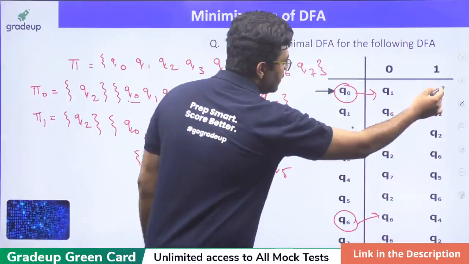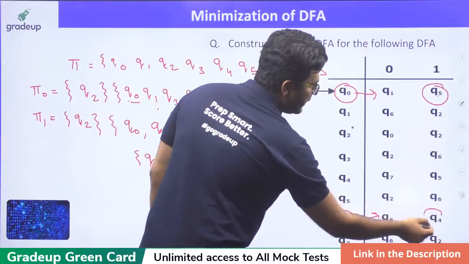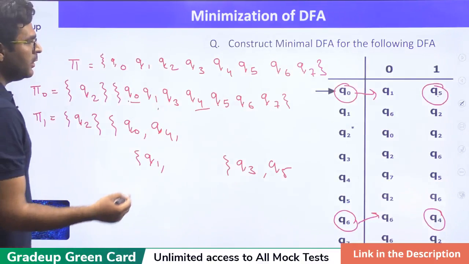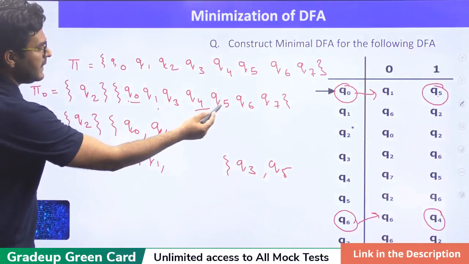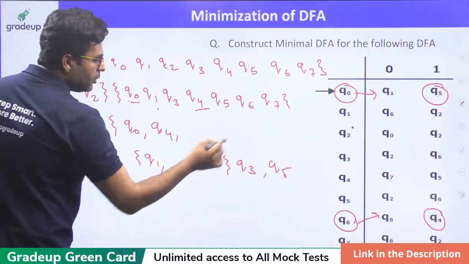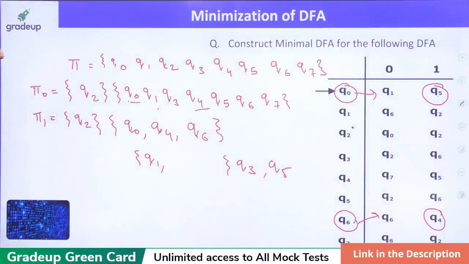Now check the next transition, that is 1. We are getting Q5 and Q4. Q5 is here and Q4 is here. So everything is in the same state. So we can keep Q0 with Q6 over here.